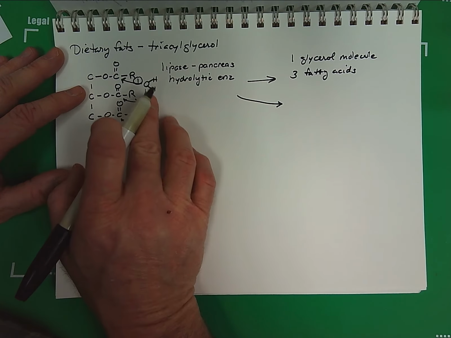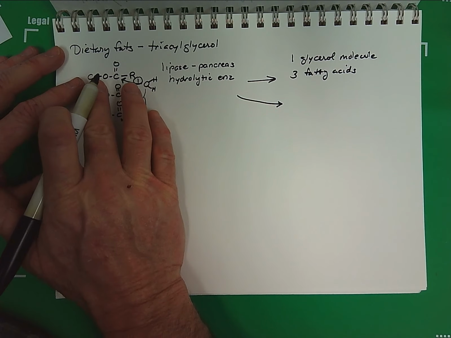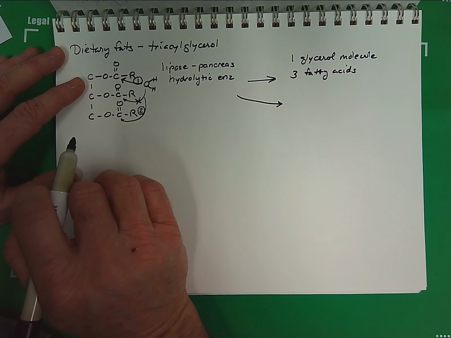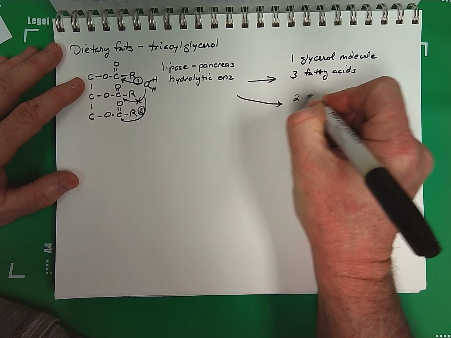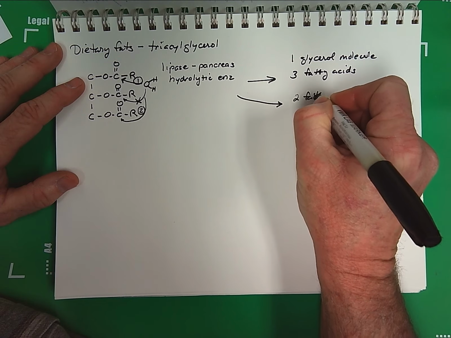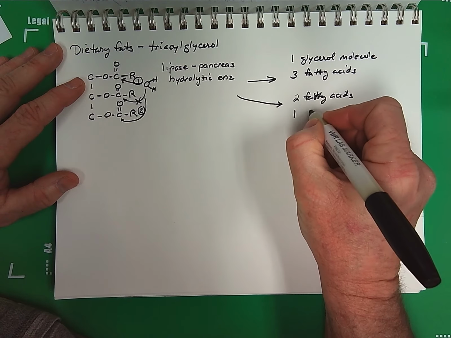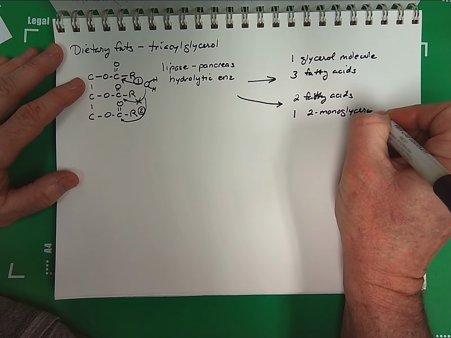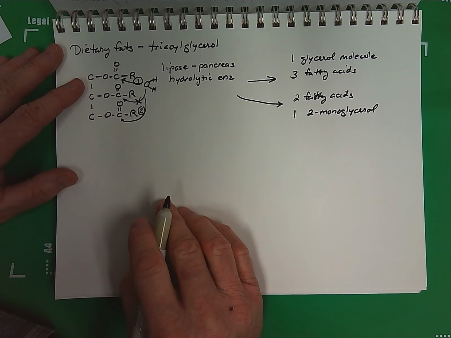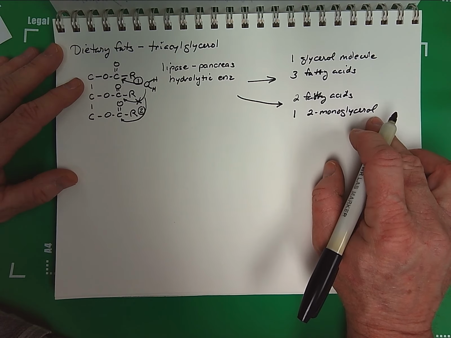There's some activity, although weak, to cleave the fatty acid on the middle carbon, number 2. The primary substrate is fatty acids on carbons 1 and 3. In this case, we will yield 2 fatty acids and 1 molecule called 2-monoglycerol. This is simply the glycerol backbone with a fatty acid remaining on the number 2 carbon.